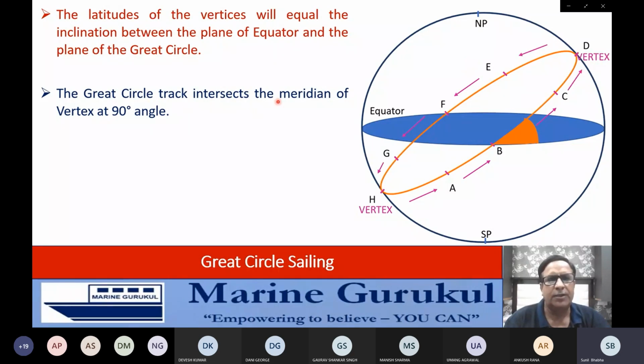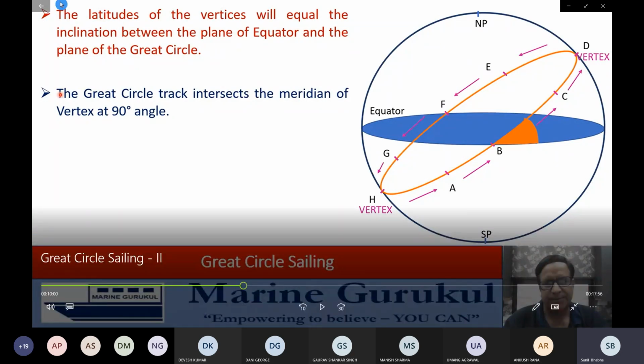Therefore, the angle between the meridian and the great circle at the vertices shall be 90 degrees. Now, this is also very important, beta. The great circle track will intersect the meridian of the vertex at 90-degree angle.